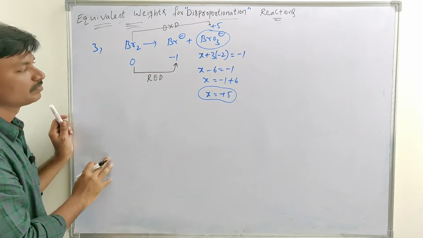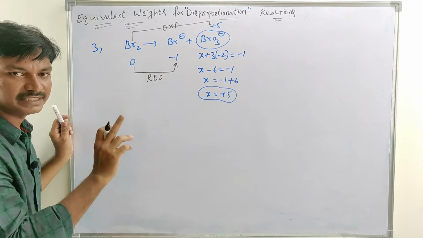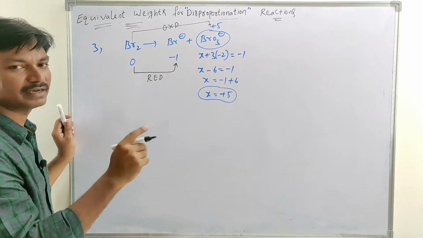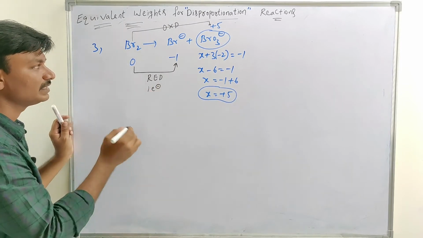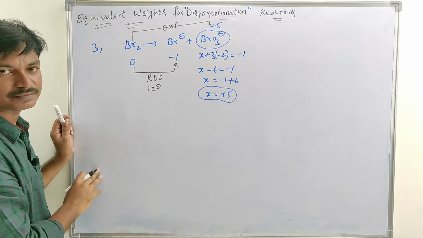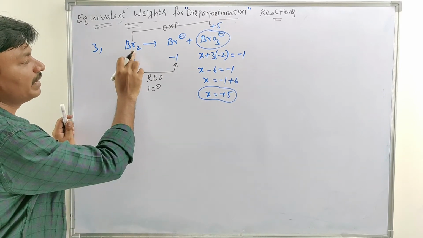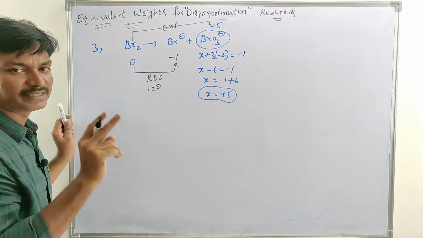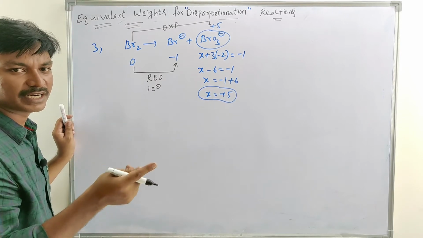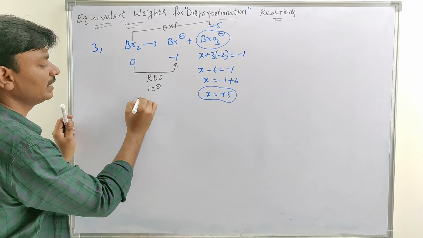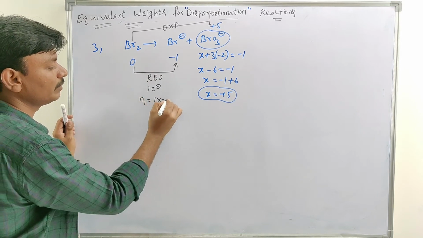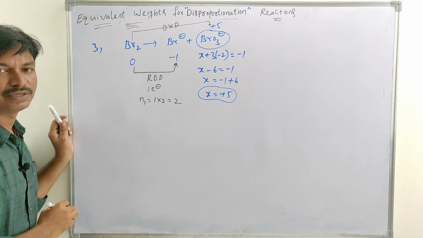Transferring of electrons 0 to minus 1, that is accepting only 1 electron. Here only 1 electron is involved in the first case, but in the Br2 molecule 2 bromines are present. Each bromine transfers only 1 electron. Here with 2 bromines, N1 equals 1 into 2, that is N1 equals 2 electrons.